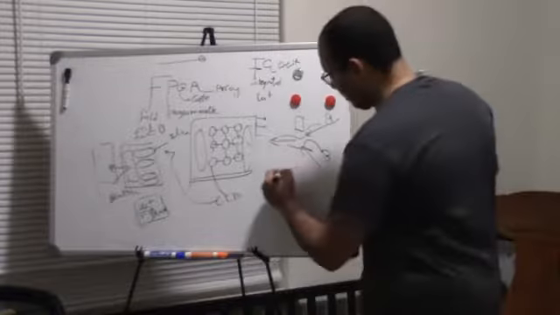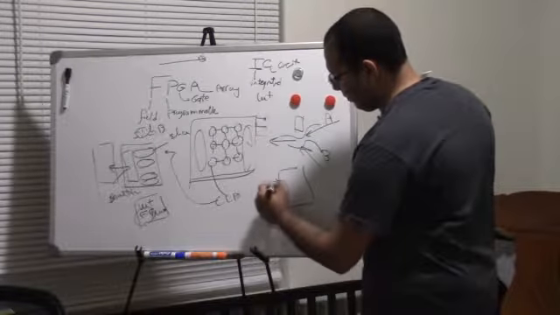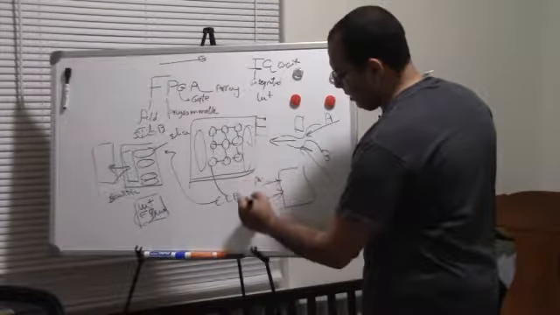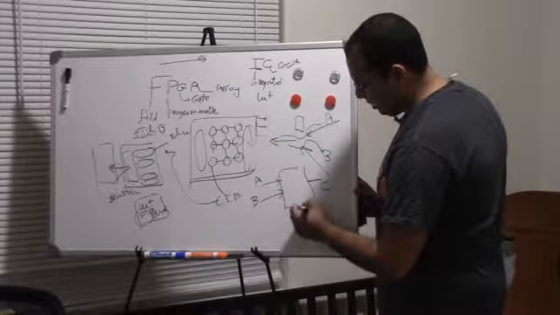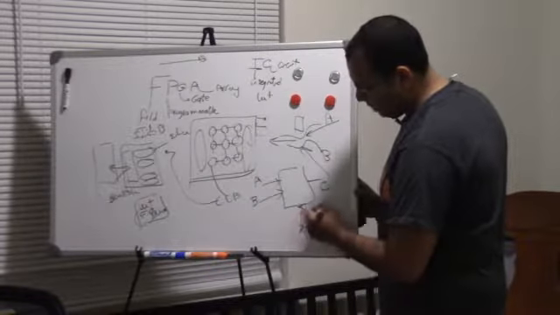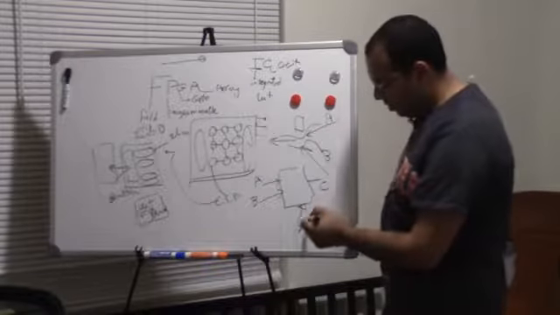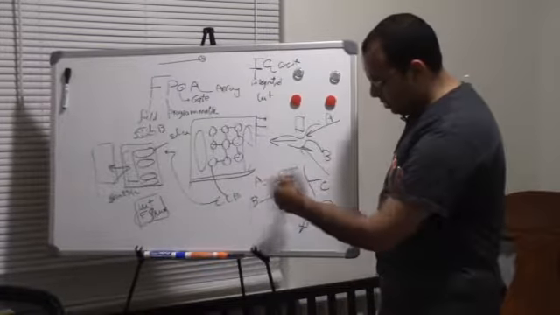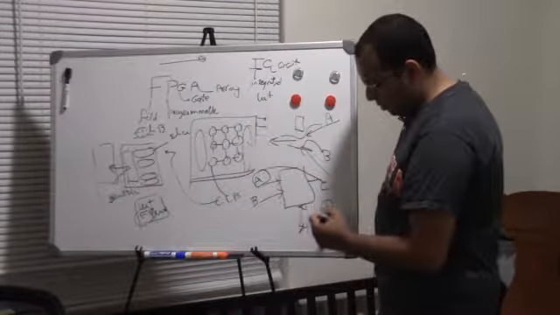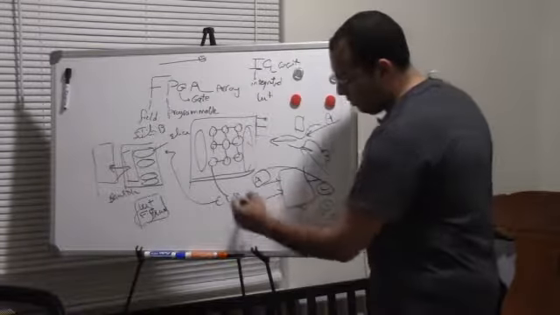It's the same thing with the multiplexer here. The multiplexer has two inputs, A and B, and the output will be C. And here is the selector, which is the signal, right? The traffic signal. When this goes high, C will equal A. When this goes low, C will equal B.